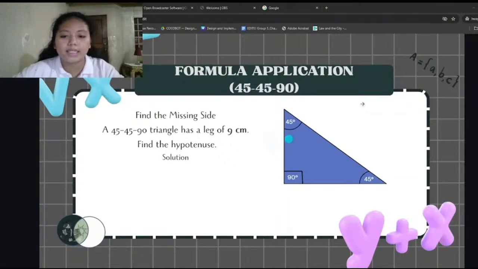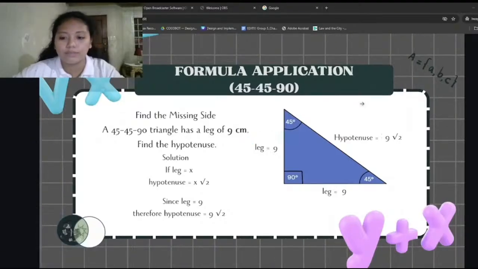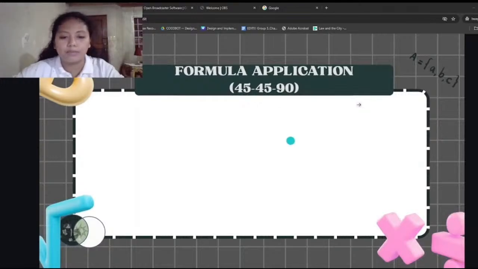Here the leg is 9 cm, so let's plug that in. Hypotenuse equals 9 multiplied by square root 2, which is 9 square root 2 cm. And that's it. Since 9 square root 2 cannot be simplified further, that's our answer. Next problem.